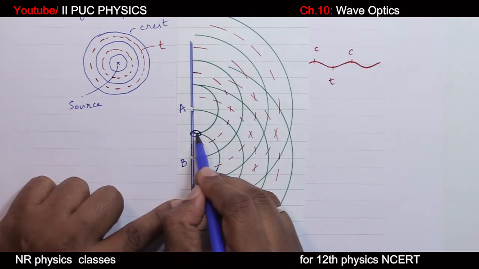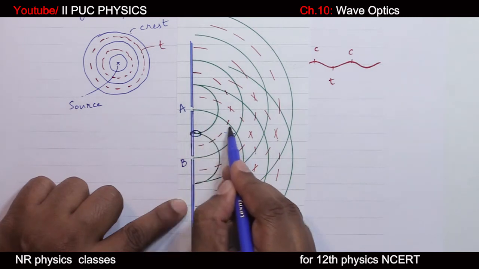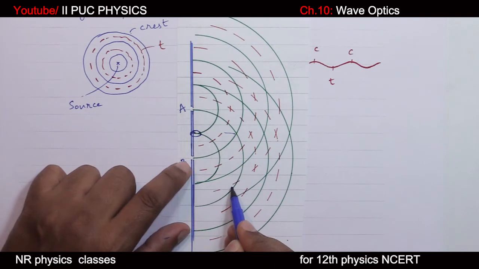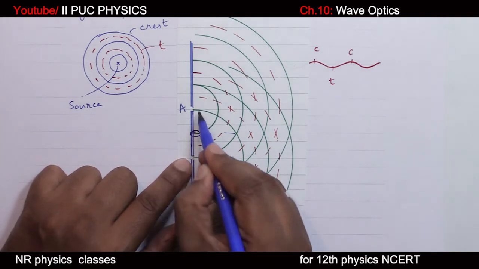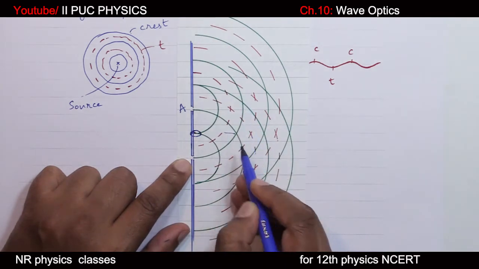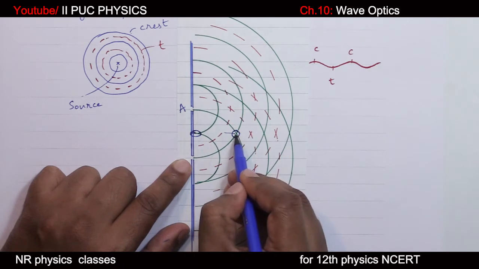So crest on crest means that leads to constructive interference. Move a little bit away. See, waves from B, and waves from A, crest from A, again crest on crest. So these two interfere constructively.